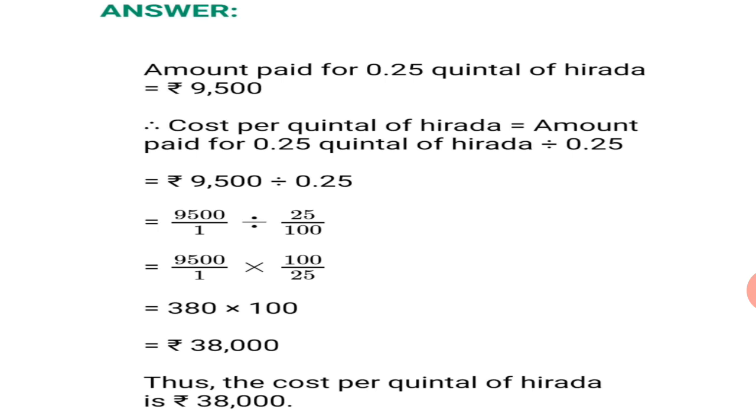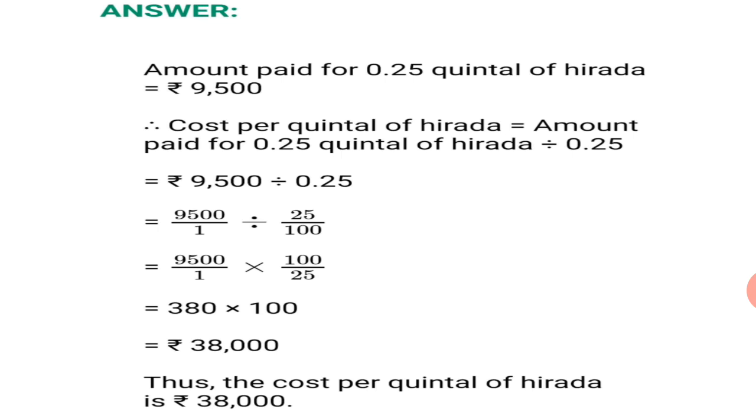Therefore, cost per quintal of Hirada is equal to amount paid for 0.25 quintal of Hirada divided by 0.25, is equal to rupees, what's the amount? 9,500 divided by 0.25. 9,500 upon 1, we take it as a common fraction, divide by 25 upon 100. 0.25 is written as common fraction, 25 upon 100, is equal to 9,500 upon 1, multiply and write the reciprocal 100 upon 25 is equal to, now 25, you will divide 9,500 by 25, you get 380. 380 into 100 is 38,000.